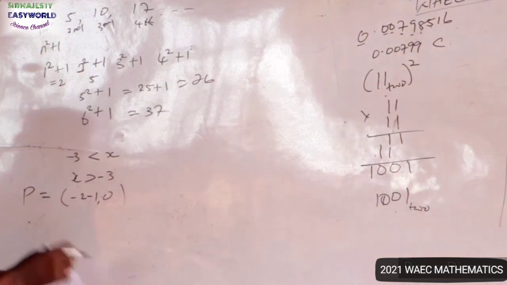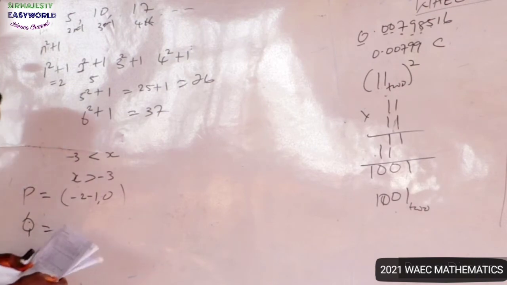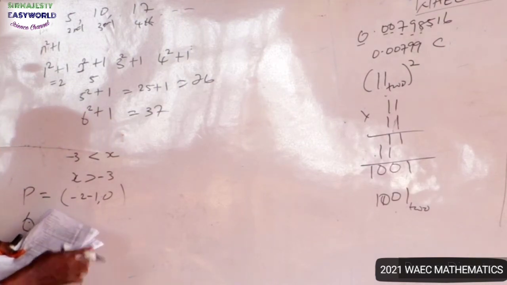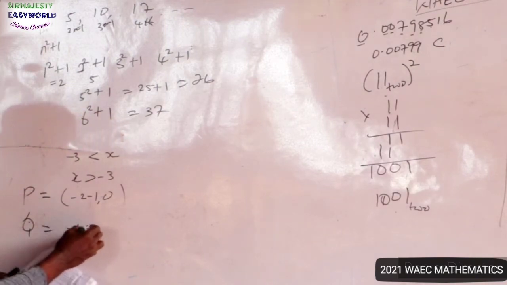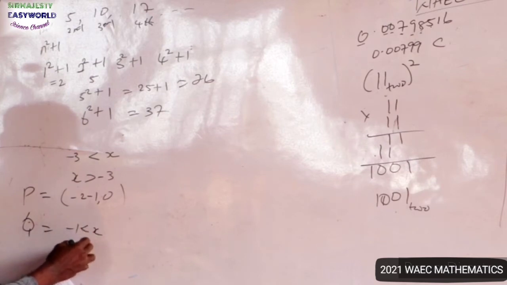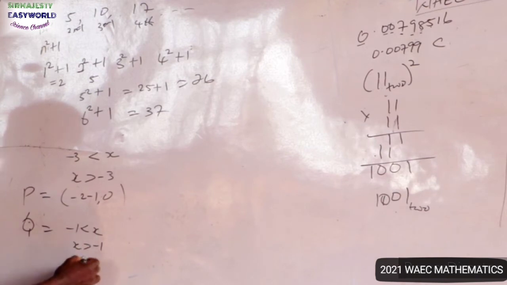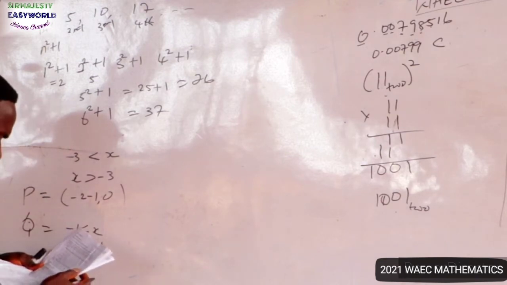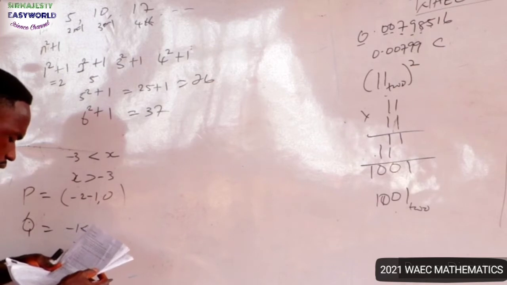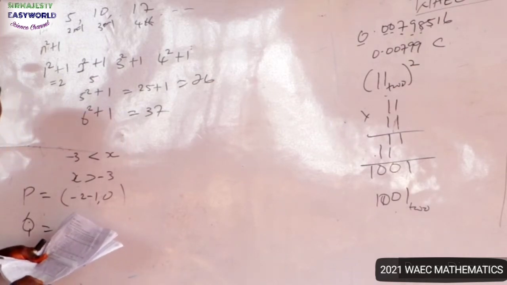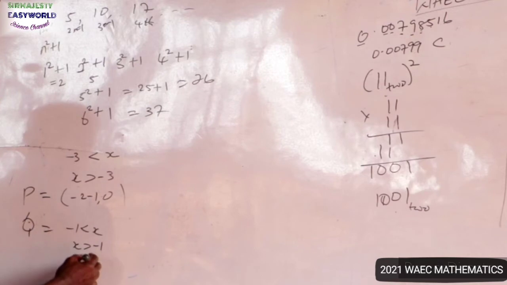Then let's see the members of Q. If minus 1 is less than x, it means that x is greater than minus 1. And the only value that x can assume here is automatically 0. And the same x is also less than 3, which means 1 and 2 should come in.